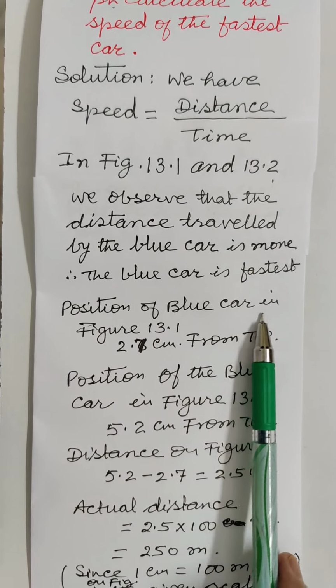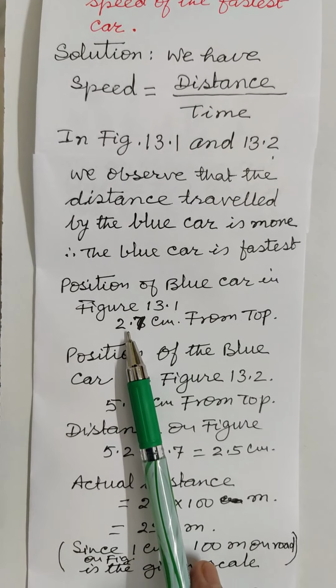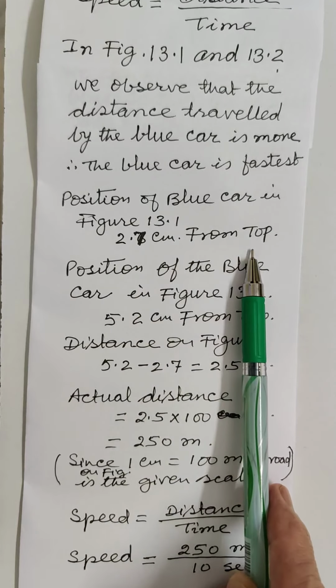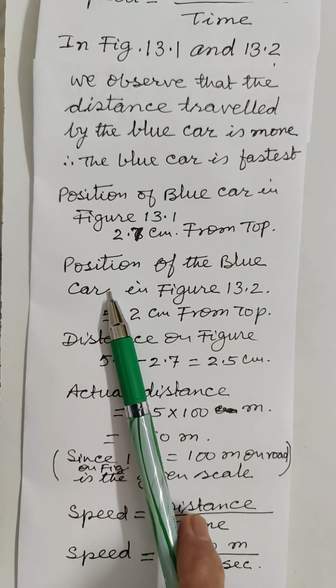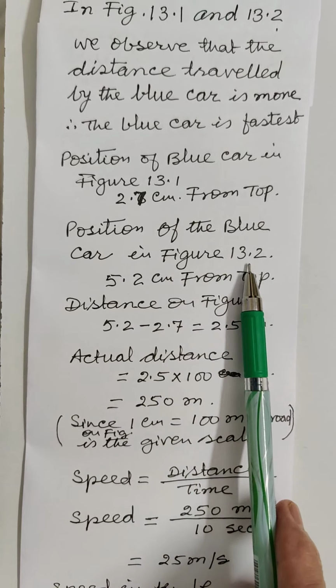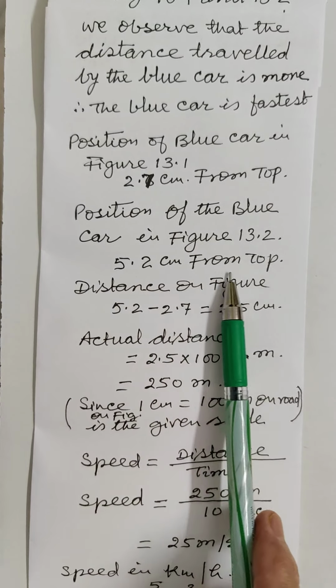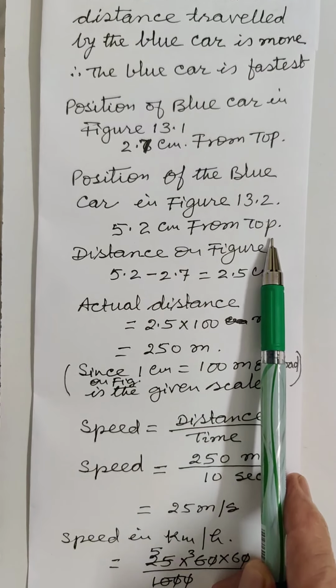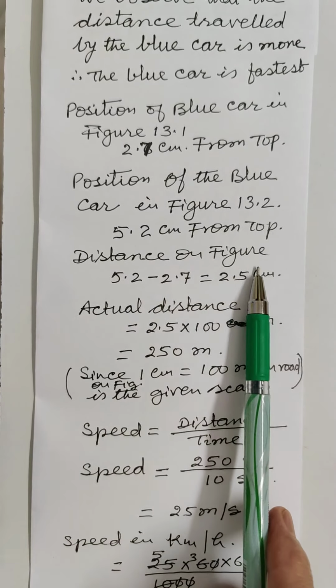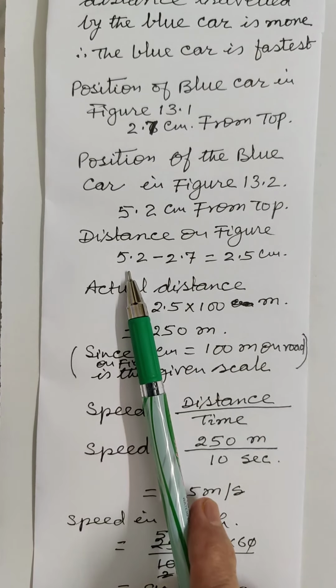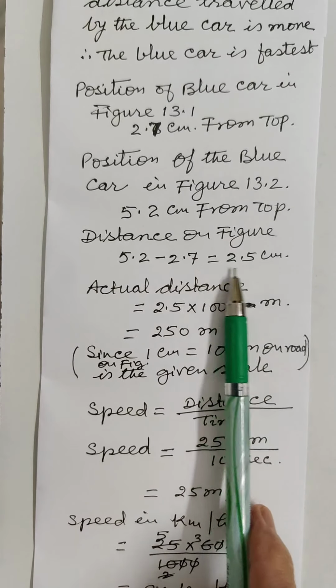Now the position of the blue car in figure 13.1 is 2.7 centimeter from the top, and the position of the blue car in figure 13.2 is 5.2 centimeter from the top. So the distance on figure is equal to 5.2 minus 2.7.